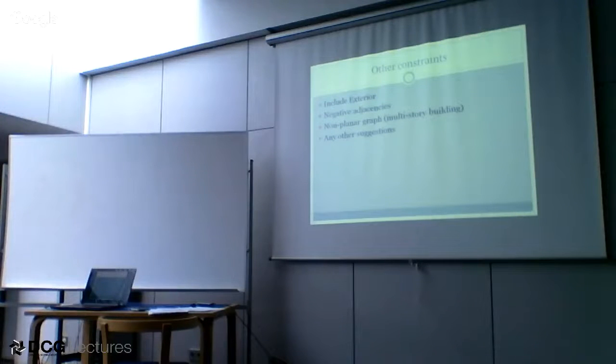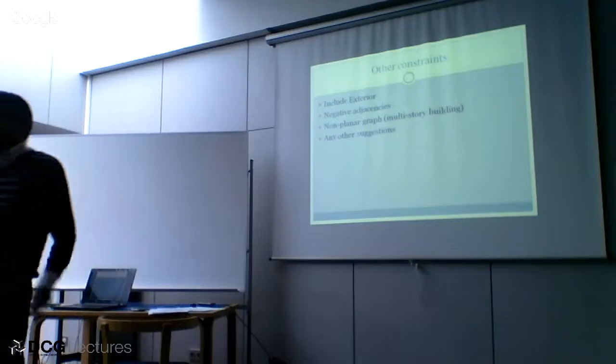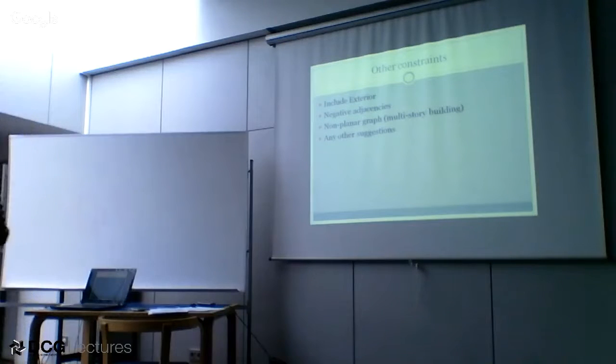Now still the problem is not very, very complicated. If you want to make it more complicated, then you can add some more constraints. For example, you can include the exterior.